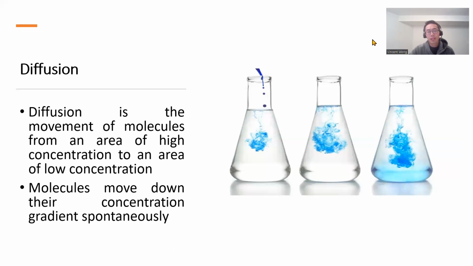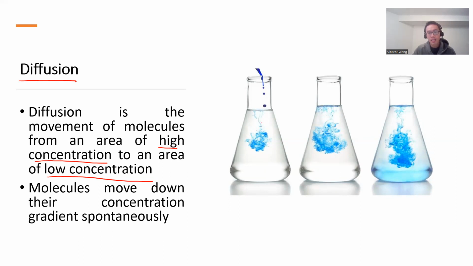So the most straightforward way things tend to move around in the environment is by using what's called diffusion. In diffusion, molecules tend to move from an area of high concentration to an area of low concentration.